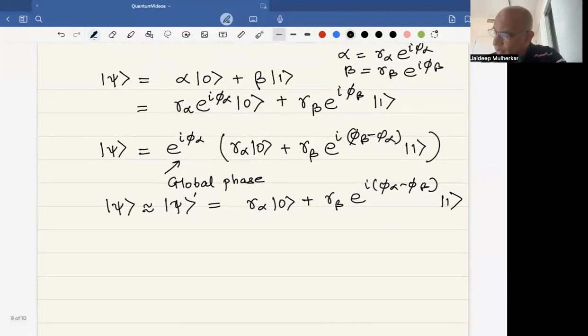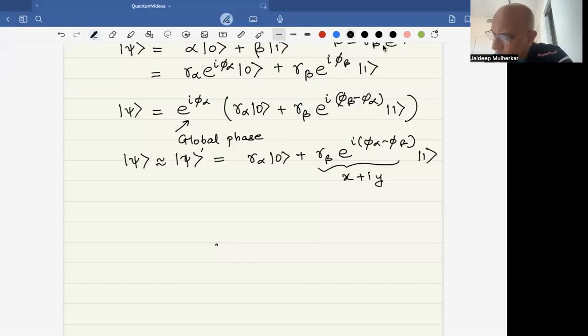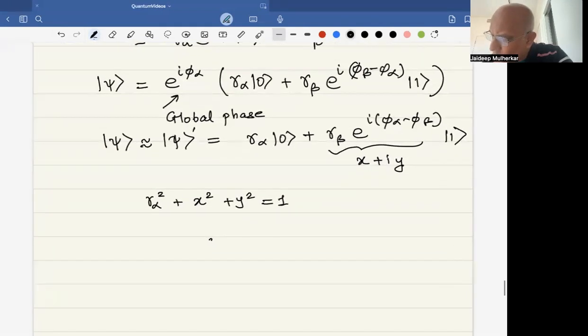So I can write this complex number as x plus iy. So therefore we get R alpha squared plus x squared plus y squared is equal to 1, which is the surface of a two sphere, or a sphere. So this is the surface of a sphere.